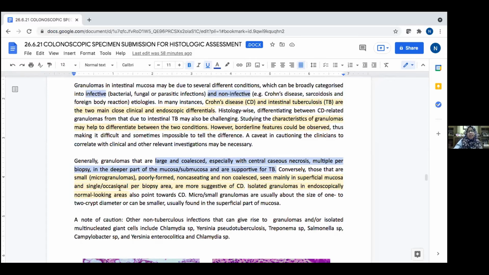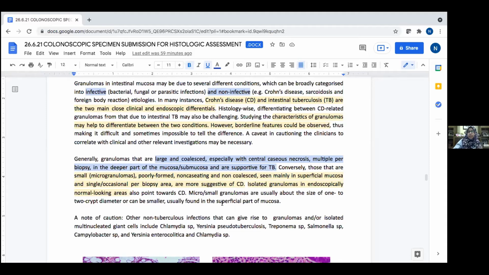On the other hand, if you see microgranulomas or poorly formed granulomas, no caseous necrosis, non-coalesced, mainly in superficial mucosa, and very few occasional ones, they are more suggestive of Crohn's disease. But interpretation of granuloma when deciding whether it's TB or Crohn's disease has to be made in correlation with the findings from the other parts of the bowel that are biopsied.